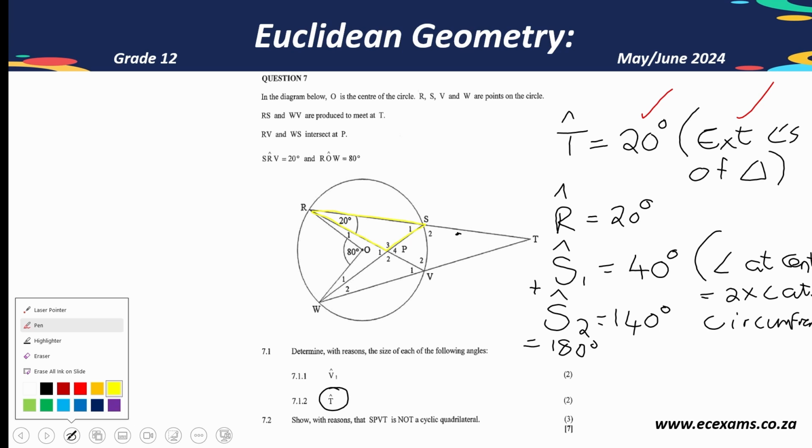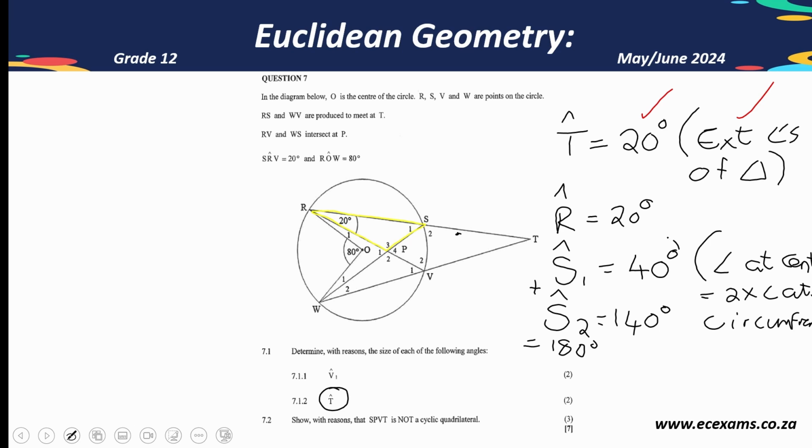We have an angle of S1, which is 40 degrees. We have an angle of R, which is 20 degrees. We can work out what angle P3 is. Okay. How do we know what angle P3 is? Well, again, angles in triangle equal 180.